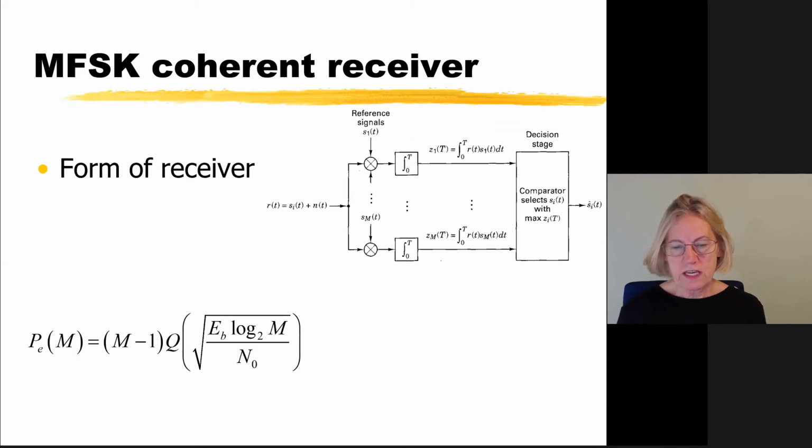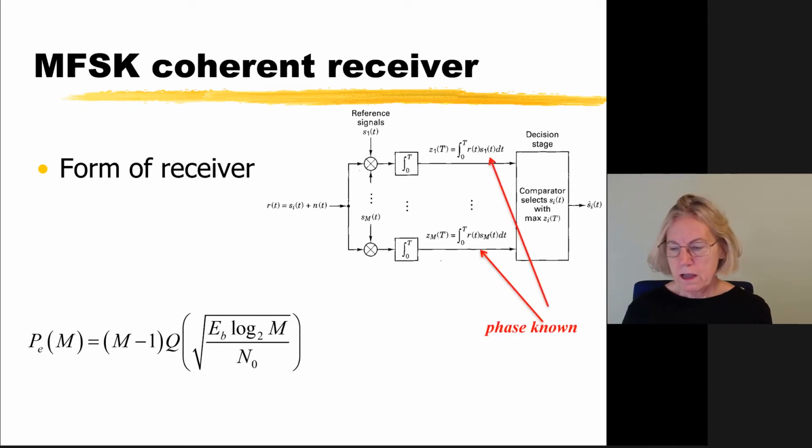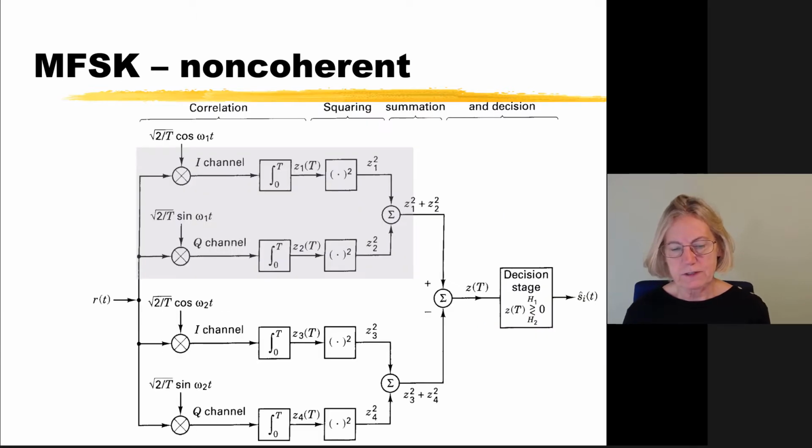So if the coherent receiver had the form we'd seen previously, where there was a branch for each one, and each branch of the receiver was a correlator, which essentially is calculating the coefficients of the received signal. In this case, remember, we assume that the phase is known, so that when we're correlating with the known signal, that's with the phase that has been followed.